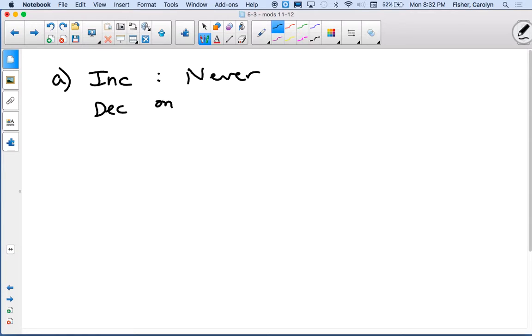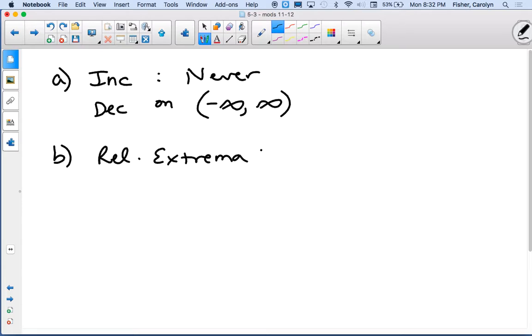Decreasing on the interval -infinity to infinity. We're not going to worry about the asymptotes, even though it's technically not there. We're just going to go with, in general, decreasing for the whole function. B is relative extrema. That would be maxes and mins. There aren't any.